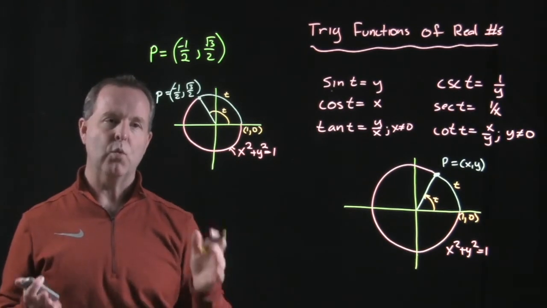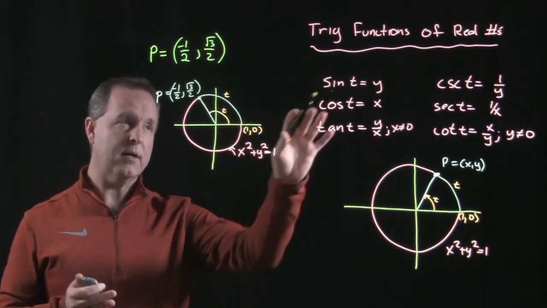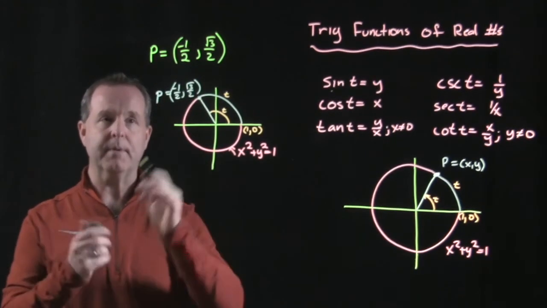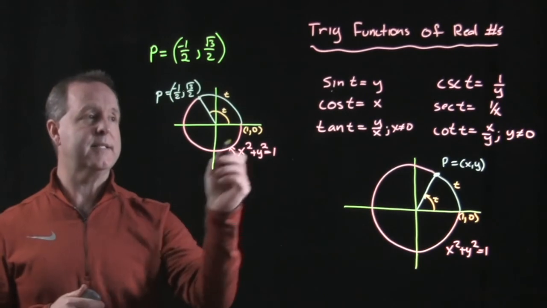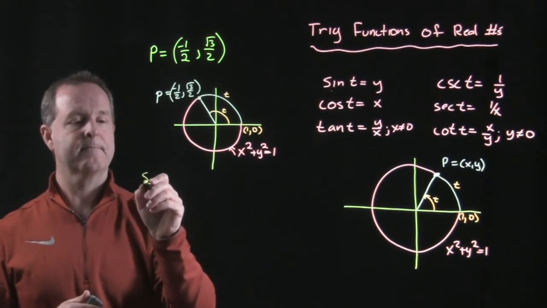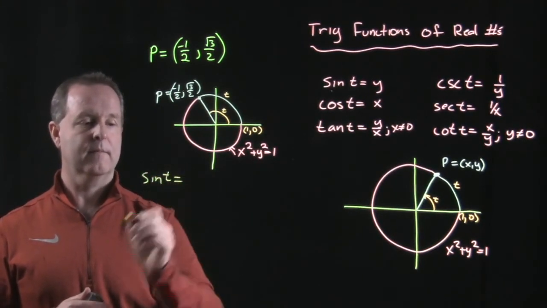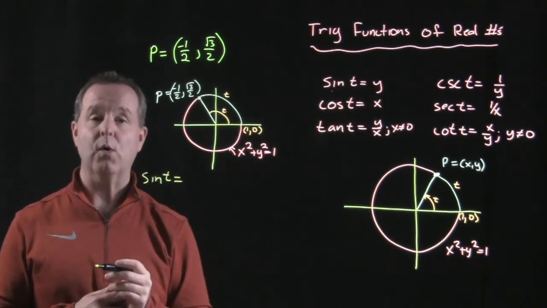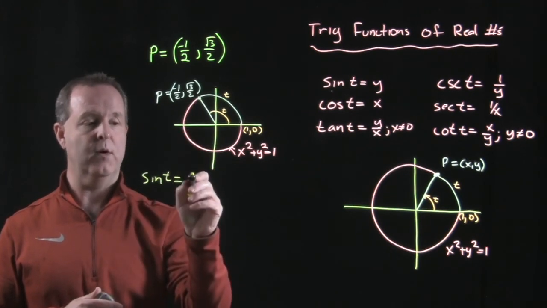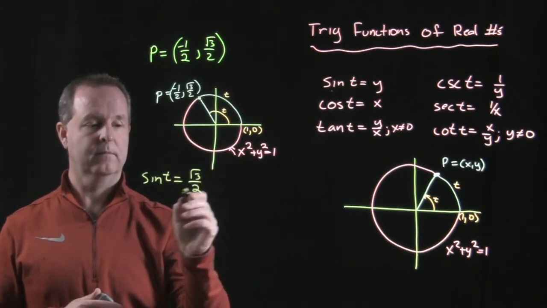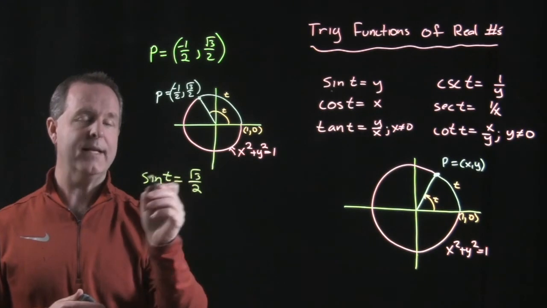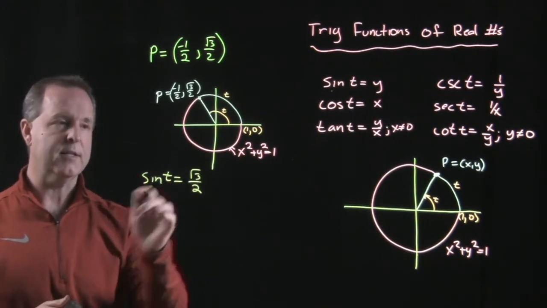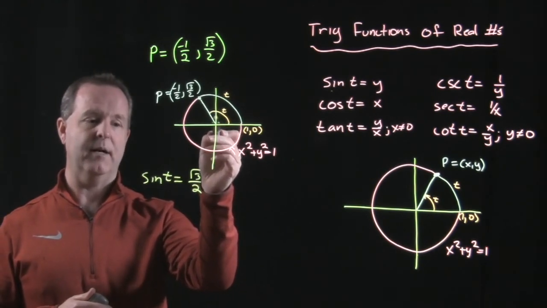So all of that was based on knowing the point listed in our example. From there, we can determine what our 6 trigonometric functions are of this particular sweep of t. If I wanted to know the sine of t for this particular system, that equals my y coordinate, which is root 3 over 2. Again, we're looking at ways to find the trigonometric functions of real numbers, not degrees or radians as measured in this spot here, but real numbers.